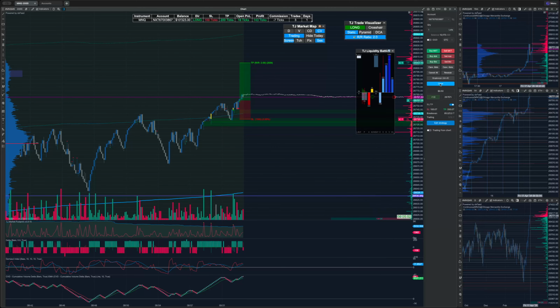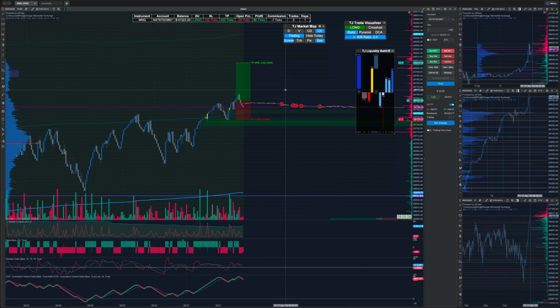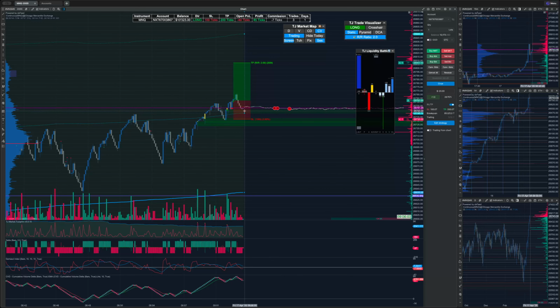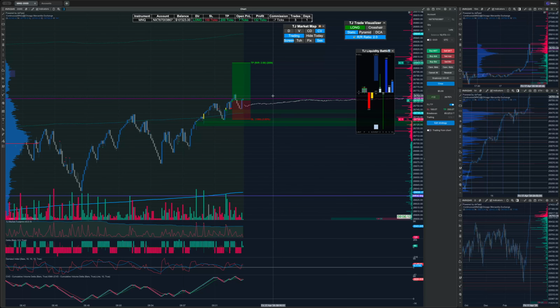Oops. That's not what I want to see, right? The market goes back here. And if it goes back up, then I'm back in again. Yep. I don't want to add a second contract.